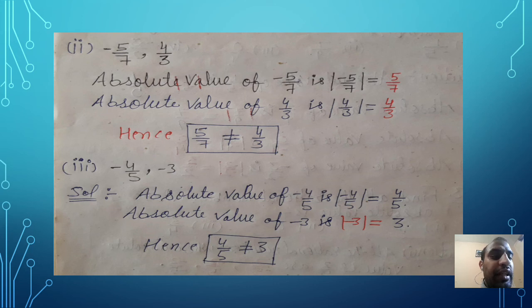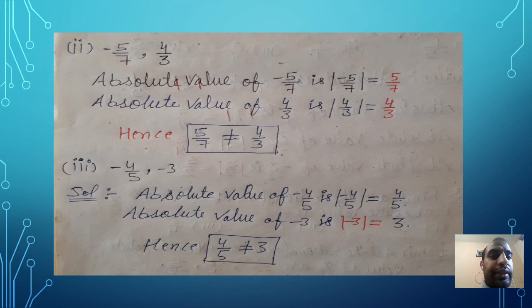So minus 3, the answer is plus 3. Now you can see, my dear student, both answers are different. So you can write hence 4 upon 5 is not equal to 3. So this comparative part is very easy. Just calculate the absolute values first, then check if both are equal, then write equals to. If not equal, then cross the equal to sign, that is not equal to.